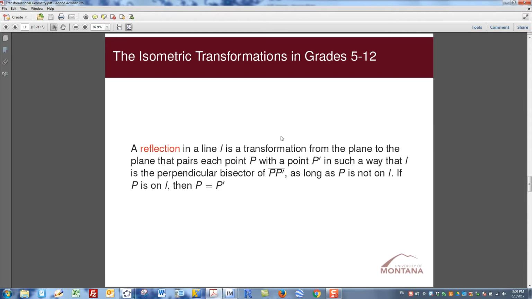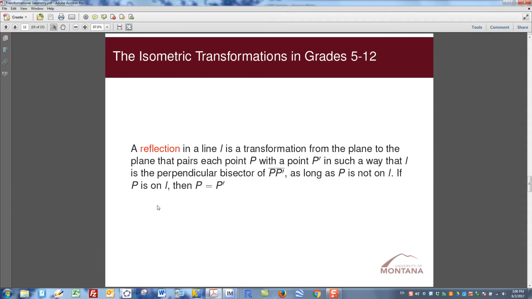Reflection, which was the one that our pen and paper activity took a look at, is defined according to the results of the paper and pin pricking activity that we conducted. We say that a reflection in a line L is a transformation from the plane to the plane that pairs each point P with a new point P prime in such a way that L is the perpendicular bisector of the segment that connects P to P prime.